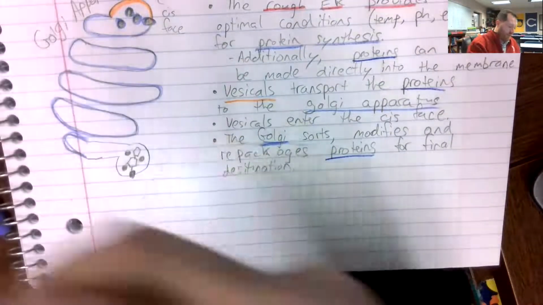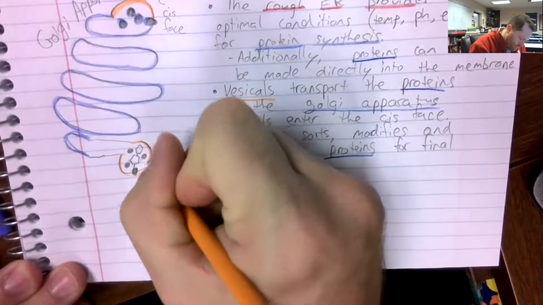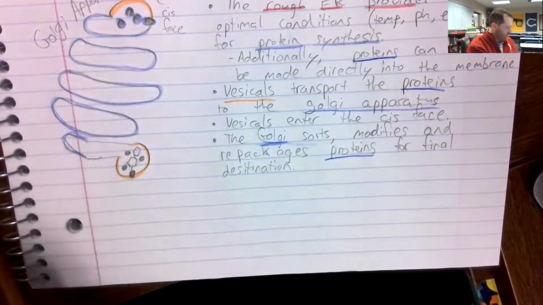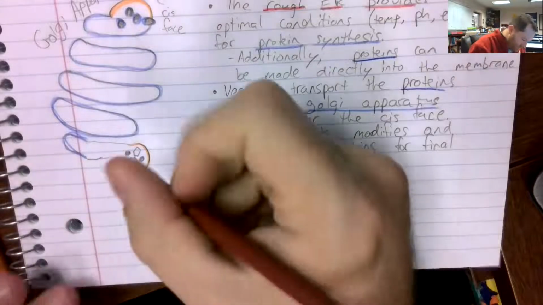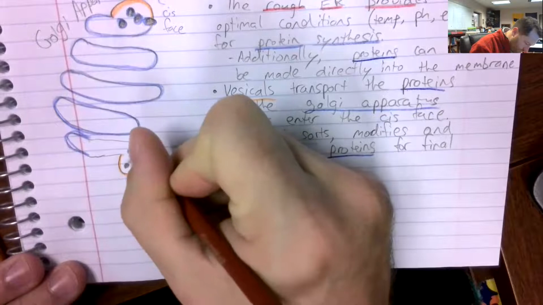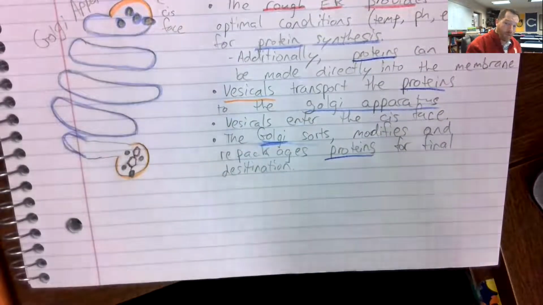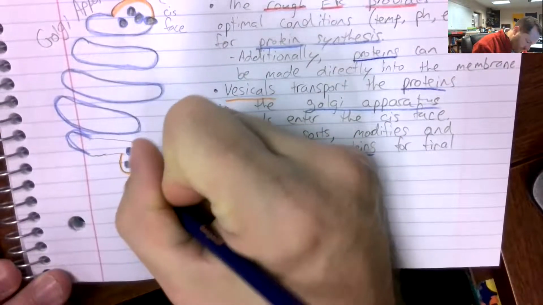A lot of times that is going to happen at the Golgi as well. So there we've got a carbohydrate that's been placed onto that protein, and that happened there in the Golgi. So these proteins get sorted, they get modified a little bit. That Golgi is really a pretty busy spot for these proteins.